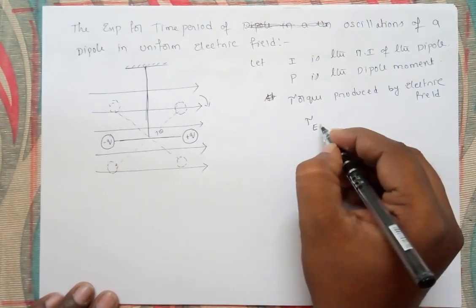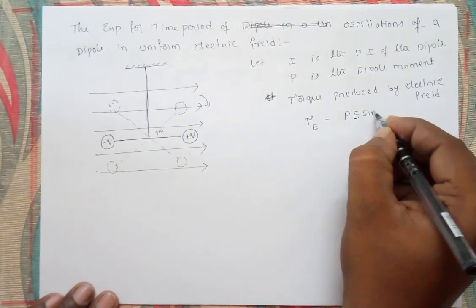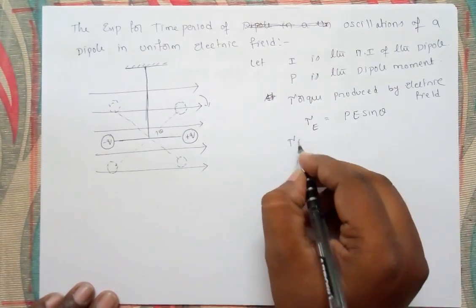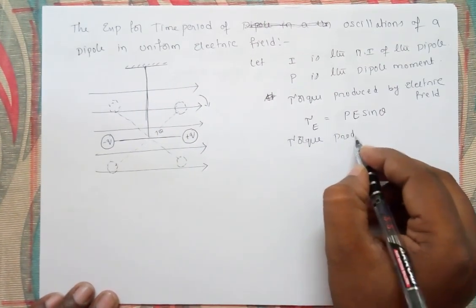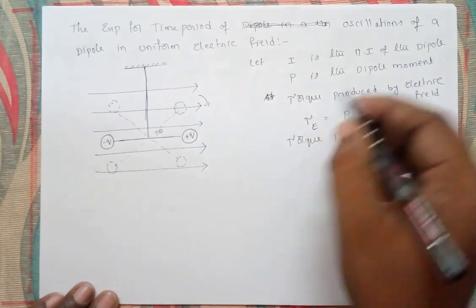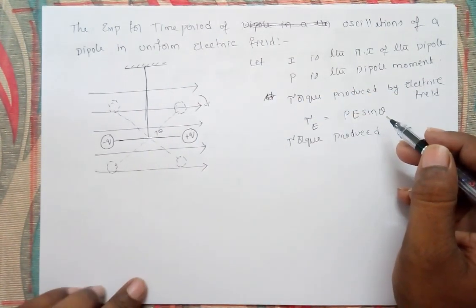The torque by the electric field is PE sin theta, and the torque produced by inertia is, as we already discussed, the torque experienced by the dipole when it is placed in an electric field.